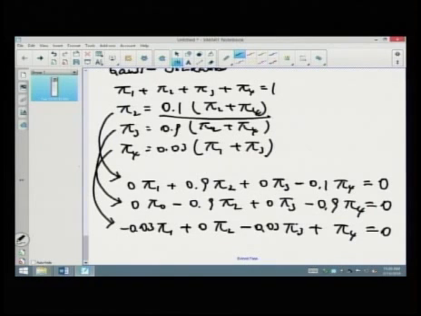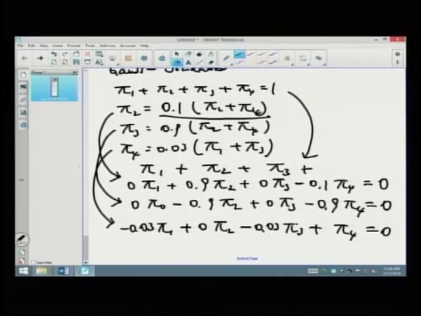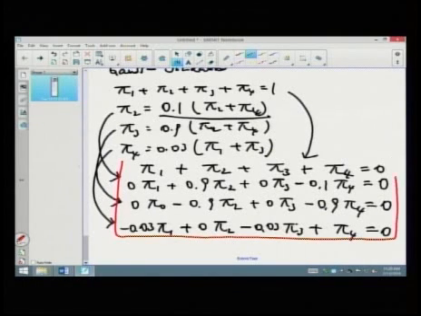Is that right? I'm still going to use the first equation, pi 1 plus pi 2 plus pi 3 plus pi 4 equals 1. So I'm going to use these four equations.